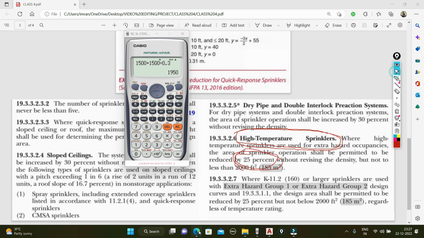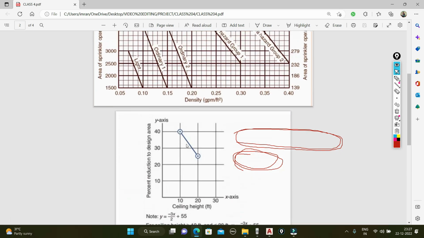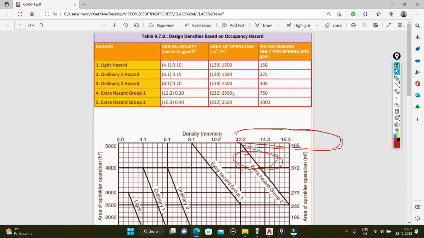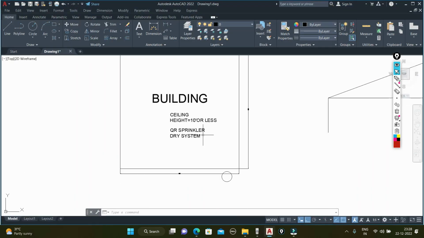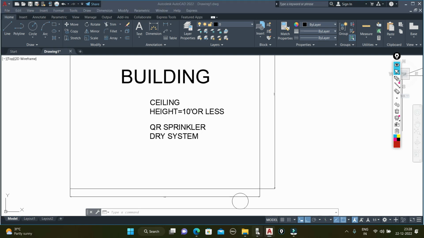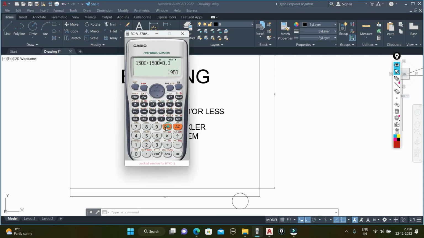Okay, so here we see extra hazard is 2500 feet square. But if we are using the high temperature sprinkler, then we will reduce the area of operation by 30%, sorry, 25% we will reduce.